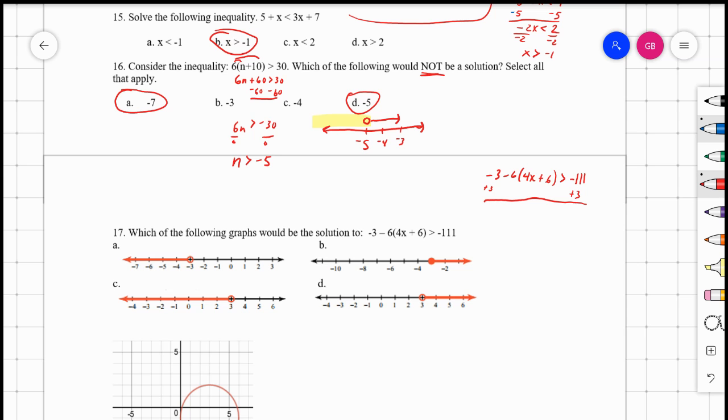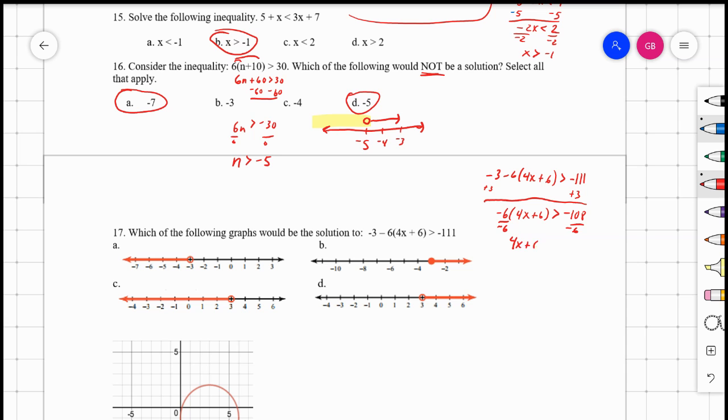So -6 times 4x plus 6 is greater than -108. Next I'm going to divide -108 by -6. We'll divide both sides by -6.